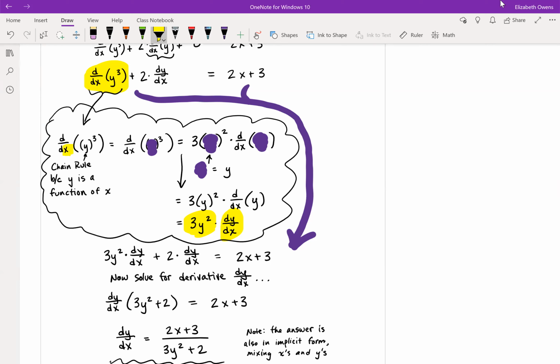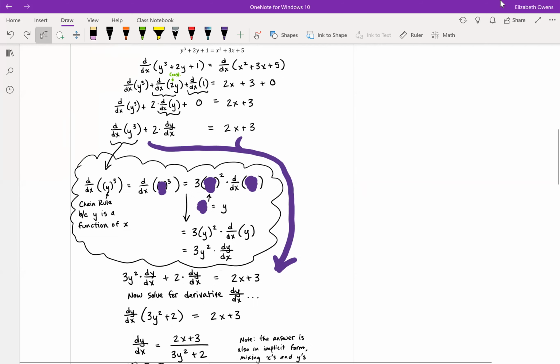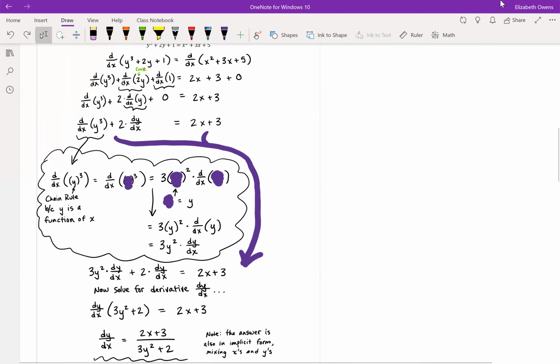You had a derivative with respect to x of y, so you need this extra dy dx in there. So that is really what you'll see happens on a lot of these problems. It's just kind of what you would expect, and then times an extra dy dx. But that's where it all comes from. It's the chain rule behind the scenes.